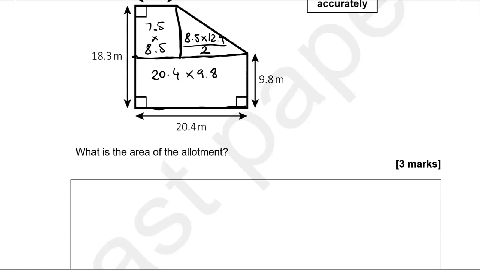So the area of the big rectangle is equal to 199.92. The area of the other rectangle is equal to 63.75. And finally, the triangle gives us 54.825.